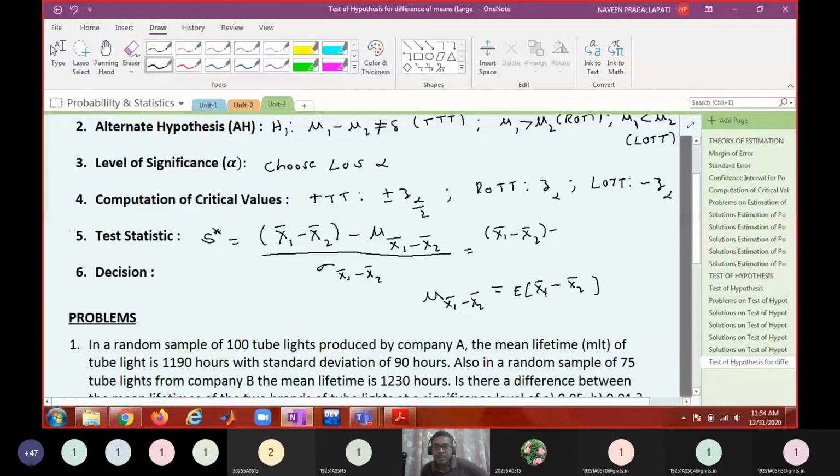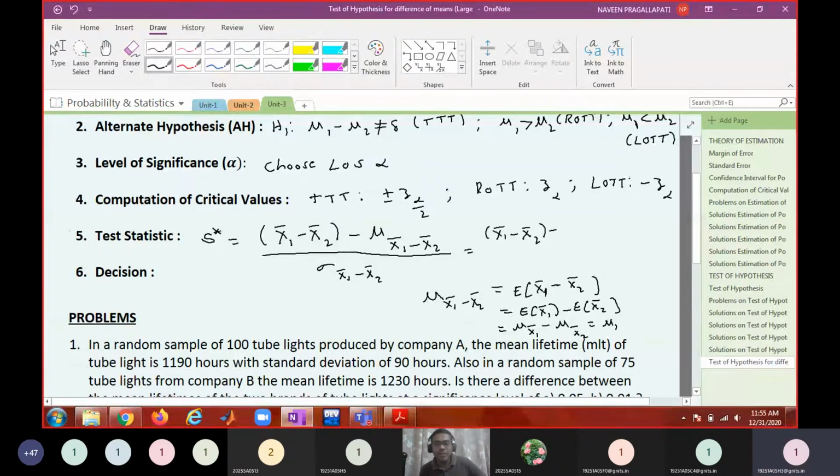And you know the properties of expectation. E of x1 bar minus x2 bar means nothing but E of x1 bar minus E of x2 bar. Do you agree? Yes, sir. And E of x1 bar is nothing but mu x1 bar, minus mu x2 bar. But what is mu x1 bar? Mu1. We have seen that expectation of the sampling distribution of sample mean is nothing but the population mean, E of x bar equal to mu. Do you remember?